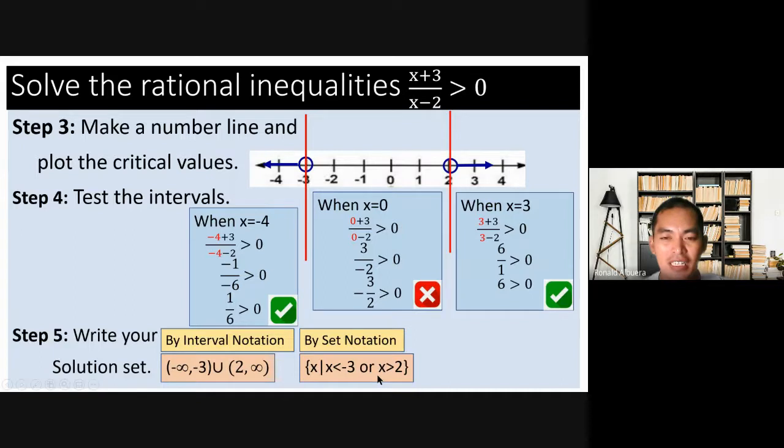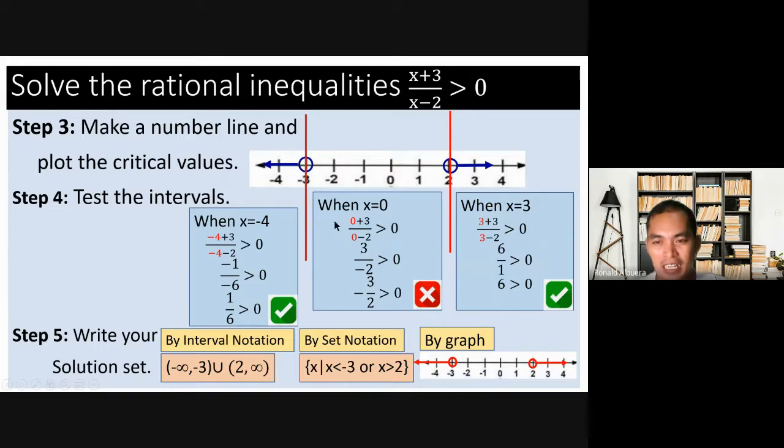Union is or. You are going to get the elements. By graph, you make this and this is the graph. It's the same; you don't need to graph again because whatever graph you made in step 3, that's already the solution.